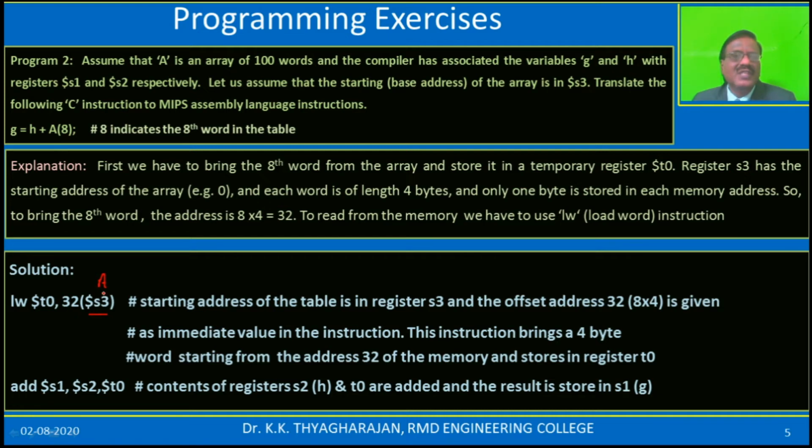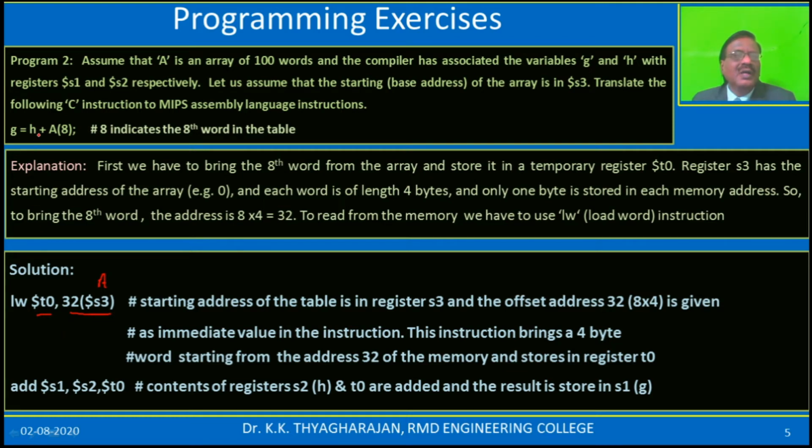This is the offset value. So A of 8 will be pointed by this one. From this address, the data will be taken and it will be stored in T0. So register T0 is now having A of 8, right?